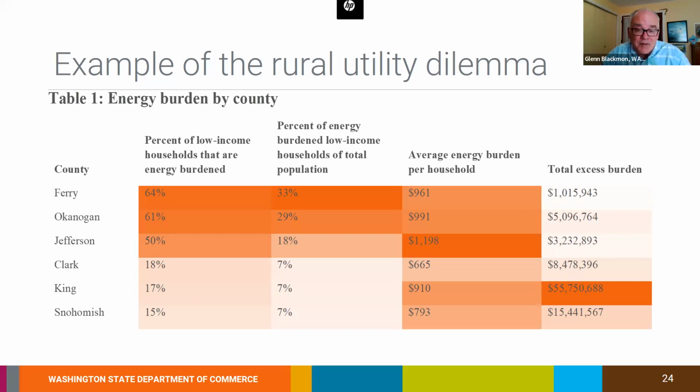There is some scrutiny that they've paid to that data before they publish it. Not that it's perfect, but I just want to convey that there is some effort that's been made by DOE to ensure that the results are somewhere in the ballpark of accurate, not at the individual household level, but at geographically appropriate levels, like county level data.